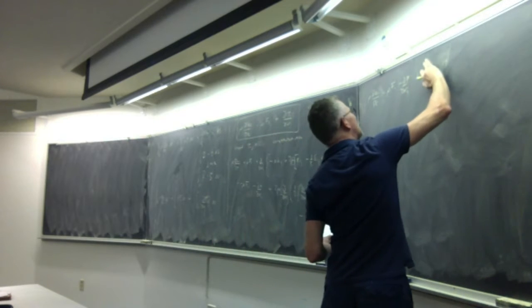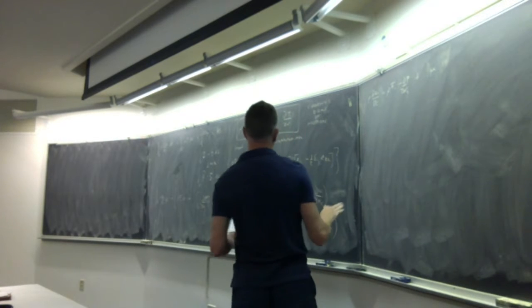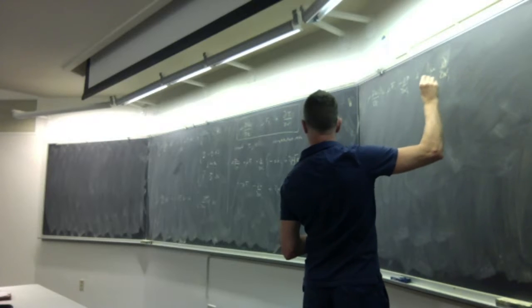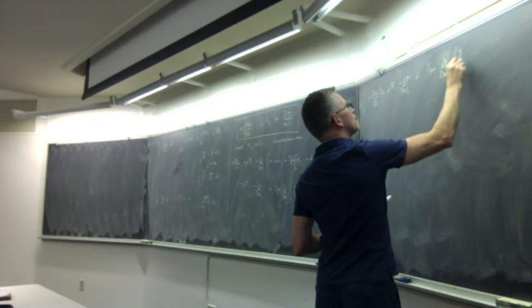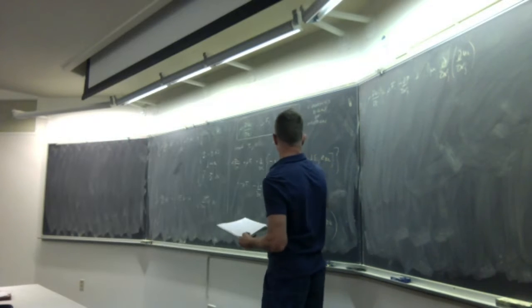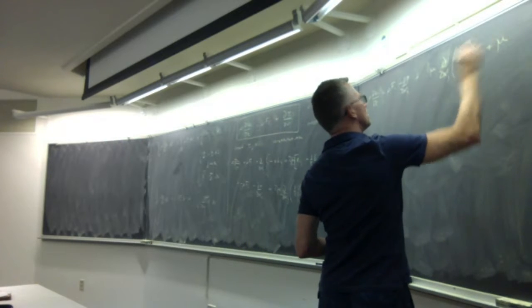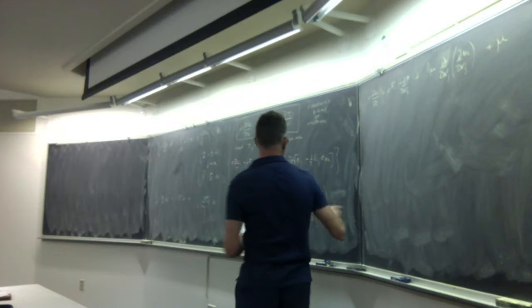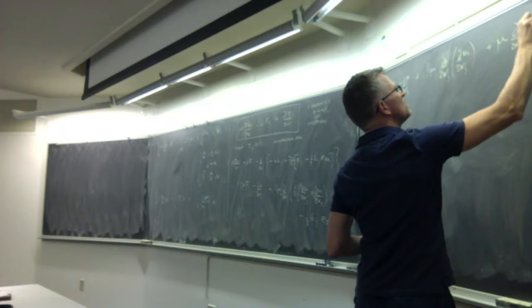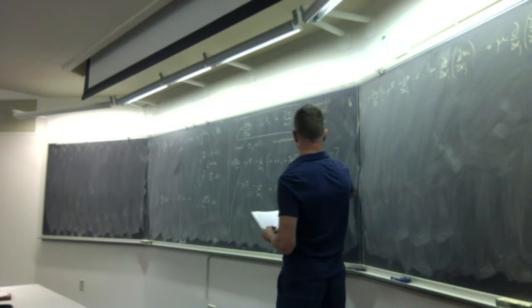So this first term, I have a 2 and a half here, so I can get rid of that. So I have mu times d by dxj of d by dxj of ui. That's this first term, right? Then I have another one, which is mu times d by dxj of duj by dxi. That's this term, right?